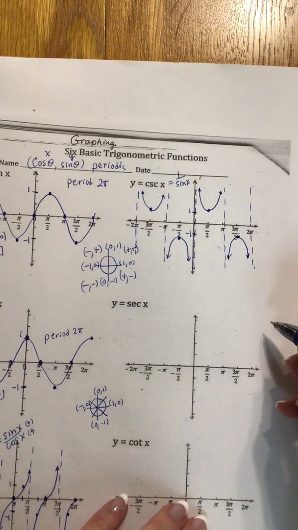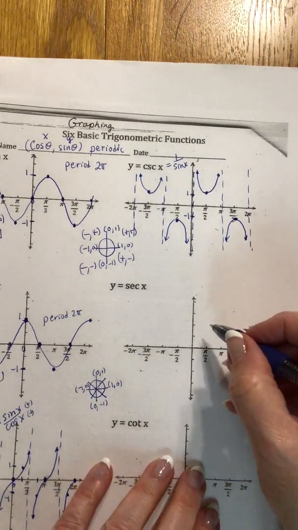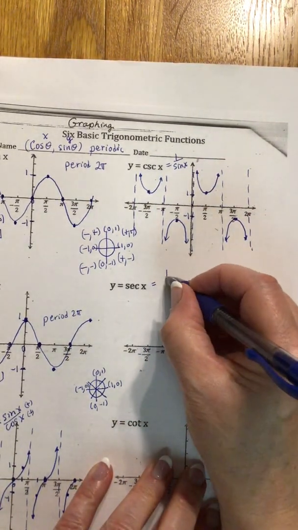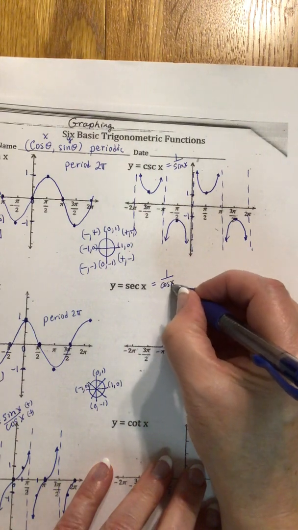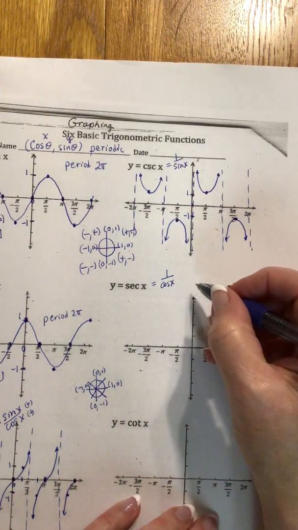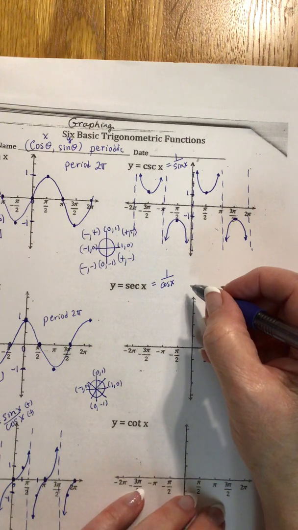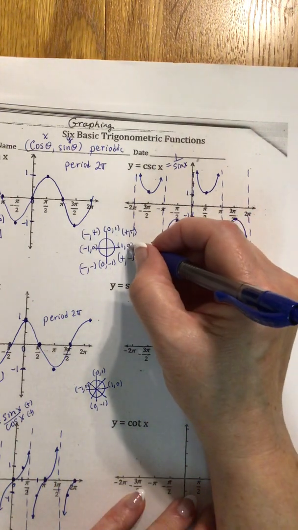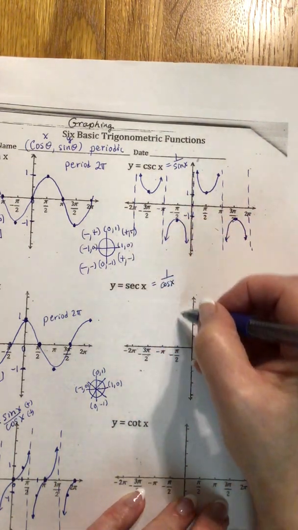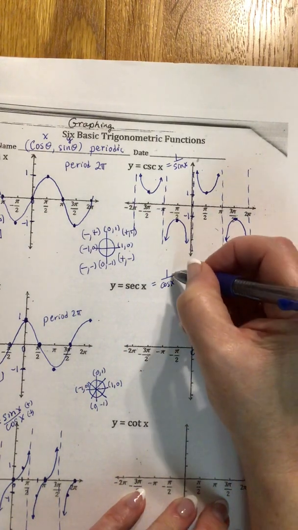Okay, good. Next one we have is secant. Secant is 1 over cosine. So now we're looking at cosine. We're looking at the x value. So at 0, we're going to have 1 over cosine.